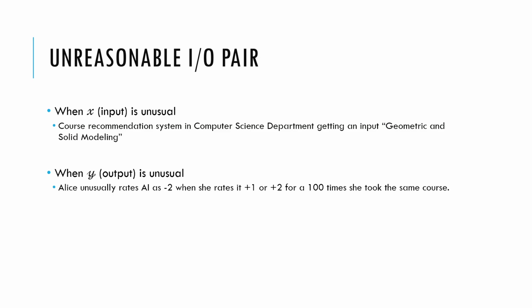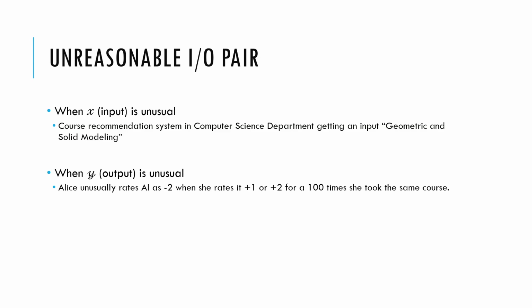She never rated it below 0. That means every time she took the AI course, she rated it positively over and over again. Now, it would be unusual if somehow Alice, after taking AI, rates it as -2. And that would be something unreasonable.